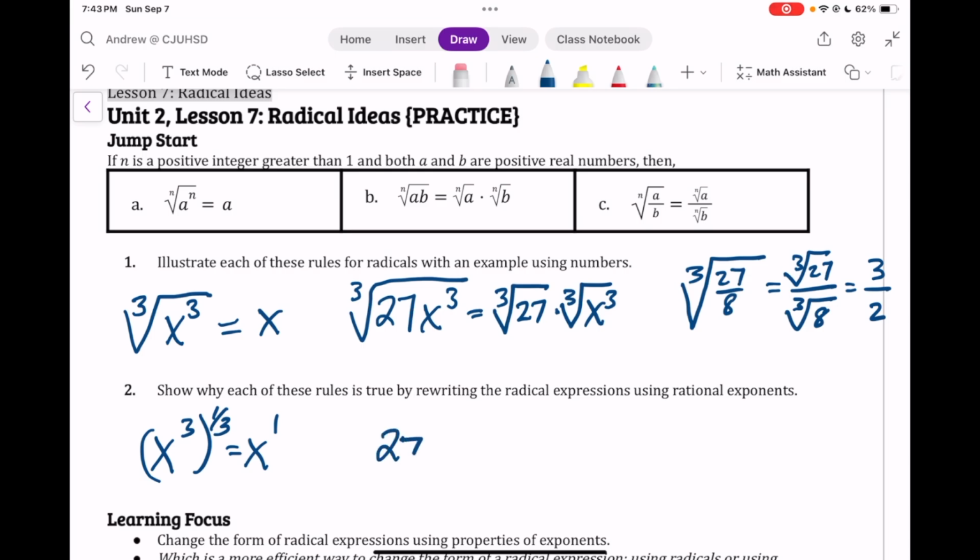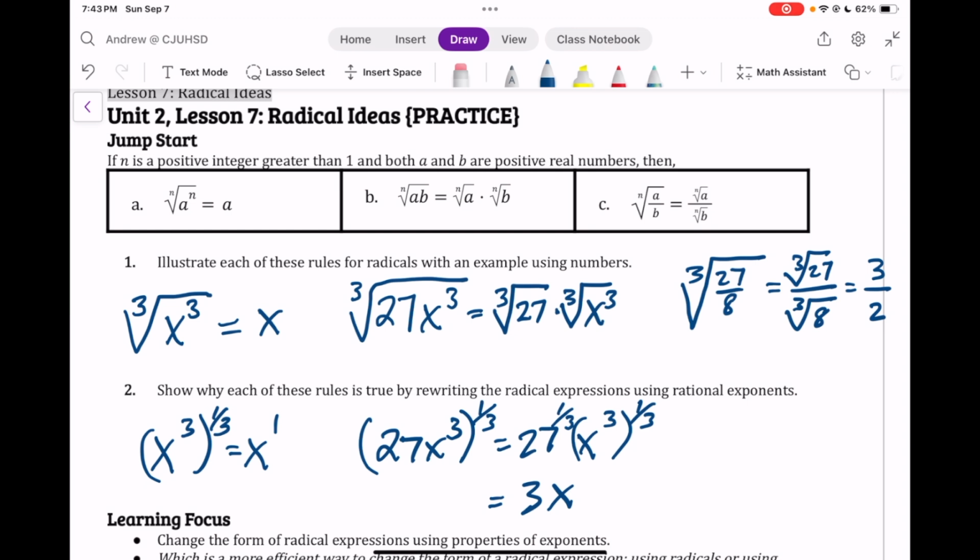27x to the third to the 1/3 power. There's a power rule that says you get to move that power in on both of them. Just like this. And I'll put parentheses around that one. Actually, that would simplify to 3x completely.